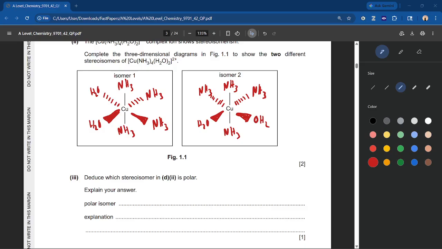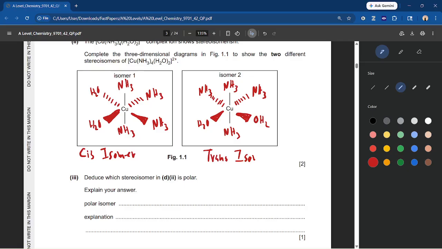Oh my god, I forgot to mention, so obviously when you have the same type of functional group on the same side of the bond, we're going to label this as our cis isomer, and this one is on the opposite side, so this will be our trans isomer. Because the bonds don't cancel on a cis isomer as they do on a trans isomer, our polar isomer is going to be the cis isomer.